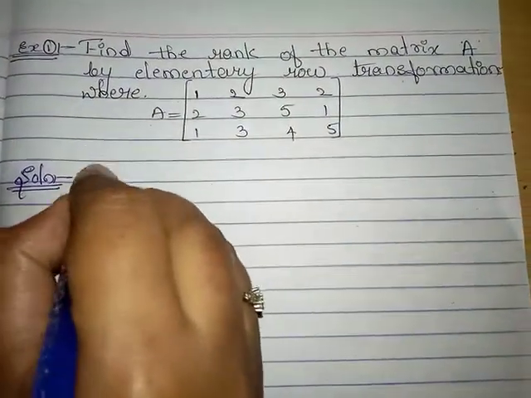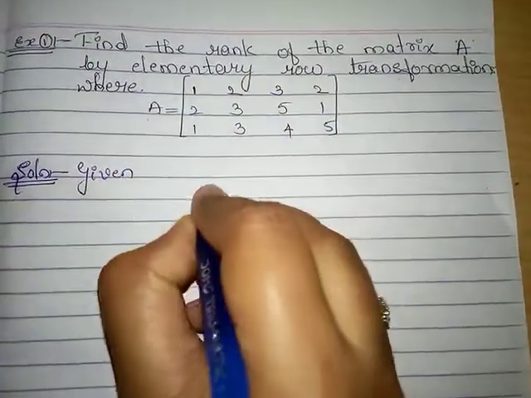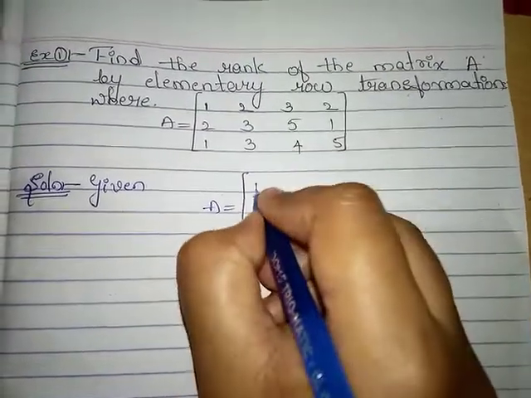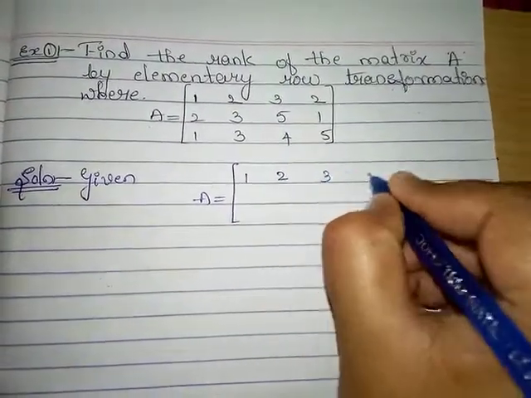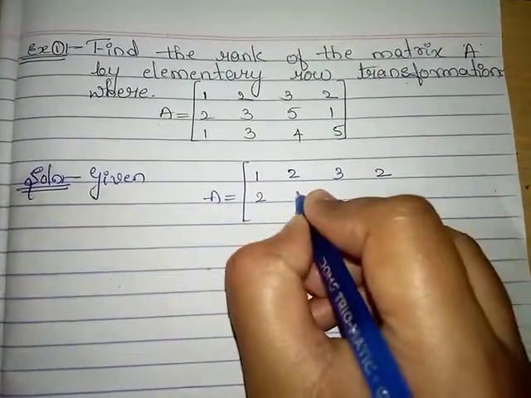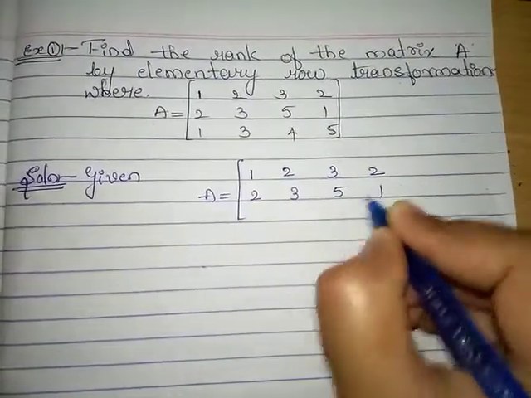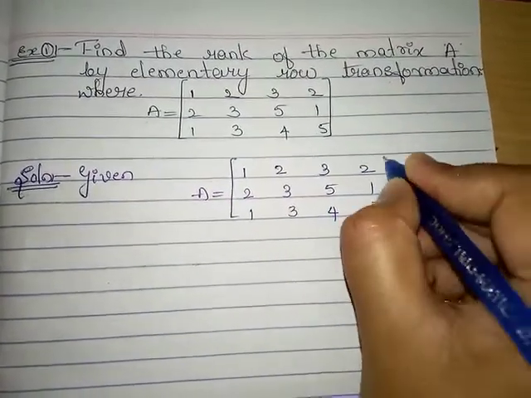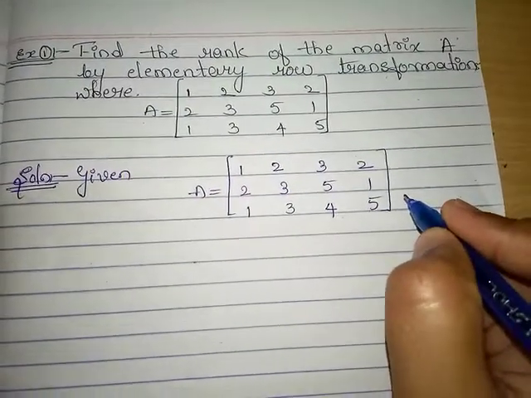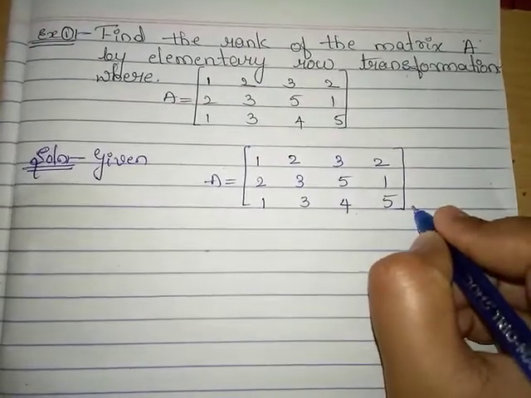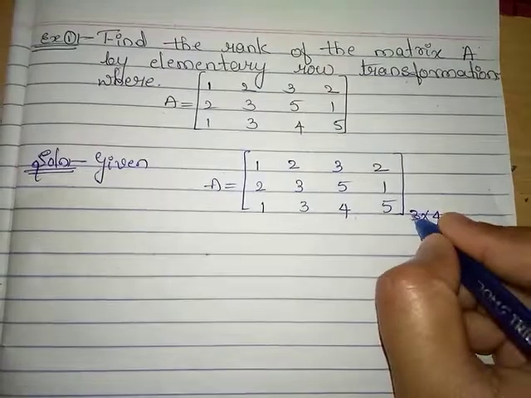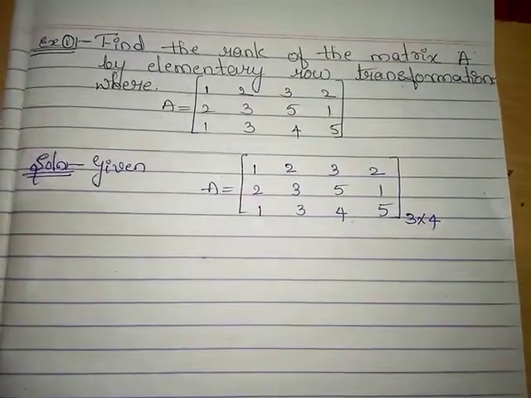First we write the given matrix. Given A equals 1 2 3 2; 2 3 5 1; 1 3 4 5. This is the given matrix, which is of order 3 cross 4, because we have 3 rows and 4 columns.